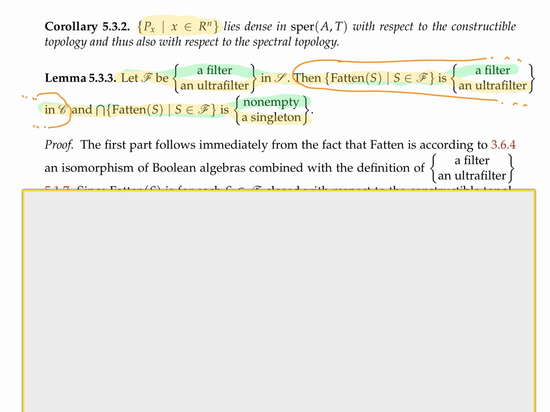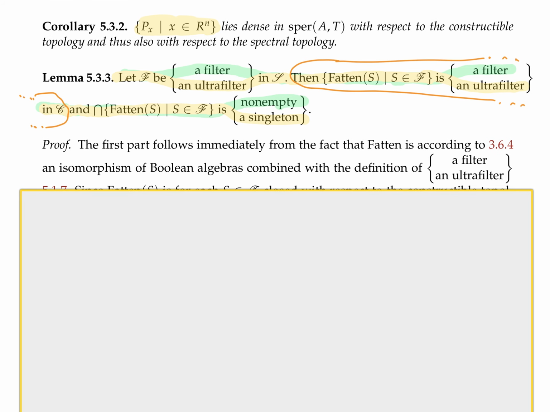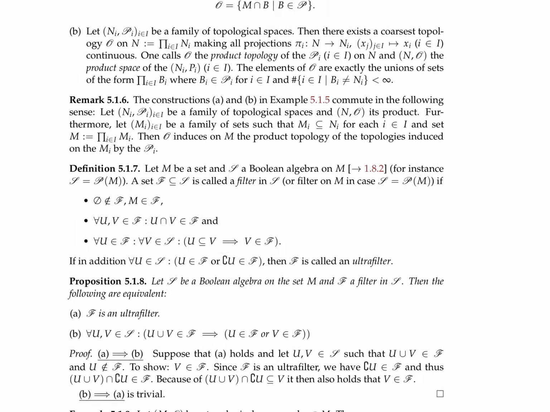Right, that's what we mean with the first part. So let's look at the definition of a filter and ultrafilter in a Boolean algebra. So this definition was here.